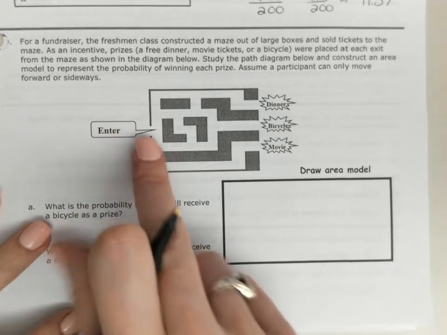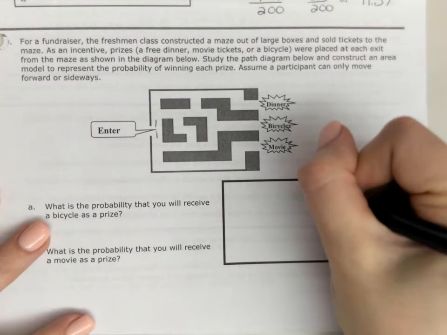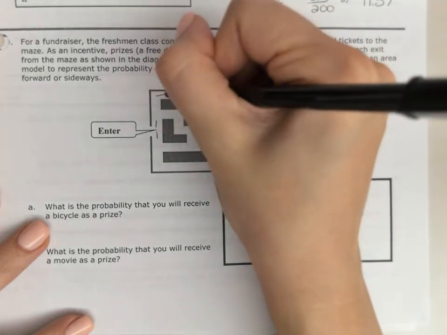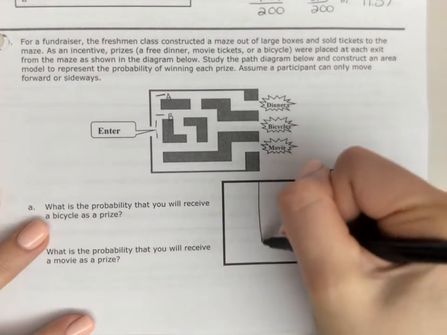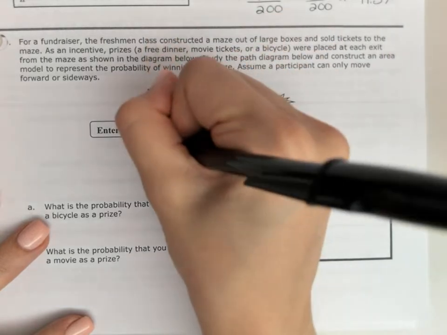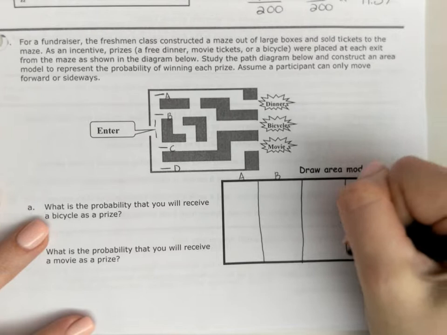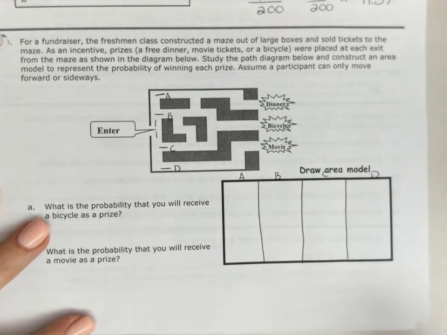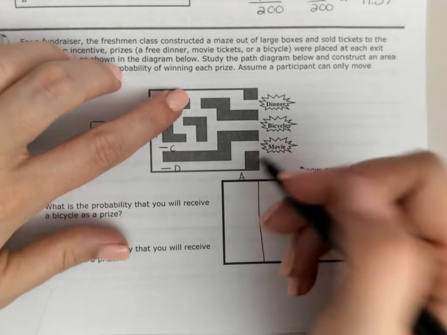So when I enter, I can either go up or down. So I split it in half. And then if I went up, I can either go to path A or I can go to path B. If I went down, I can either go to path C or to path D. Then, if I went to path A, I can either go straight or I can go down, so I split it in half.